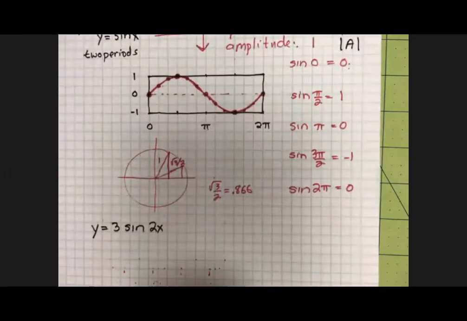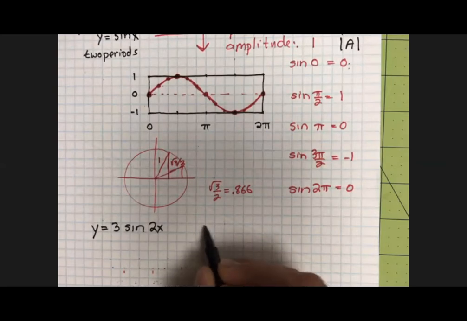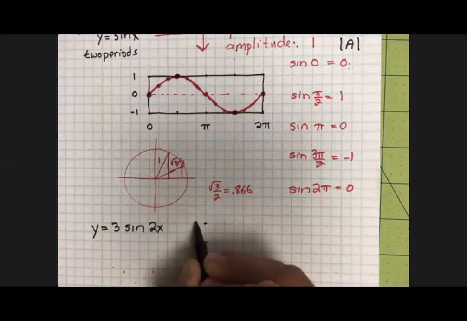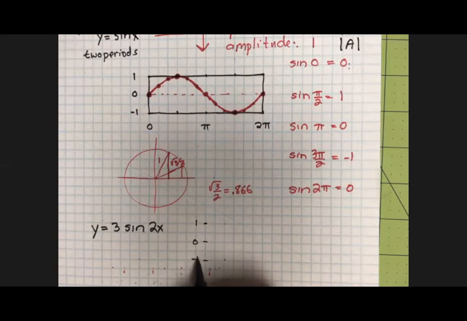But the practical definition is, now let's make my graph. Let's make my beautiful box, 4 units high and 12 units wide.